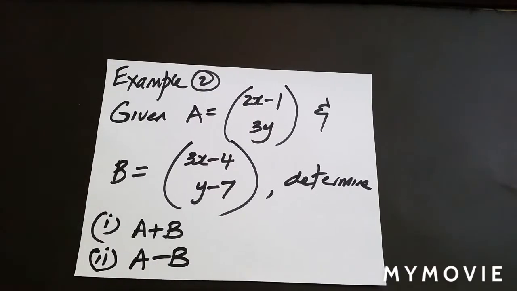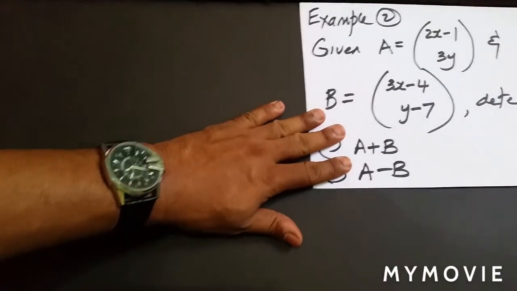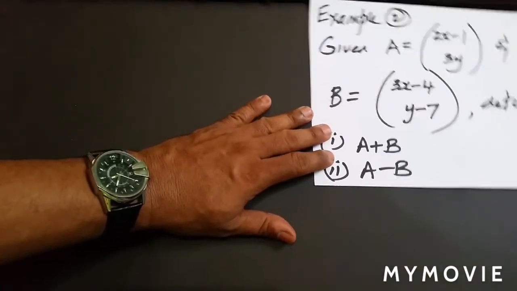So let's look at the second example here. I'm just going to put that there so we can clearly see. Notice now that we have two 2 by 1 matrices. I need to stress on that.